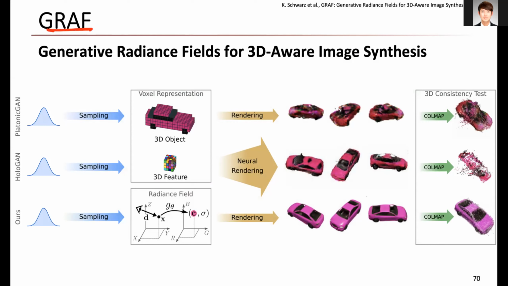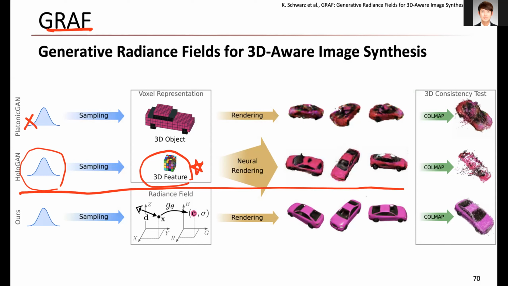Okay. So we did not discuss PlatonicGAN, but we discussed HoloGAN. In HoloGAN, we randomly sample from random noise to a 3D feature vector and process the 3D feature vector explicitly, but this kind of explicit tensor representation is limited in expressing high quality images.